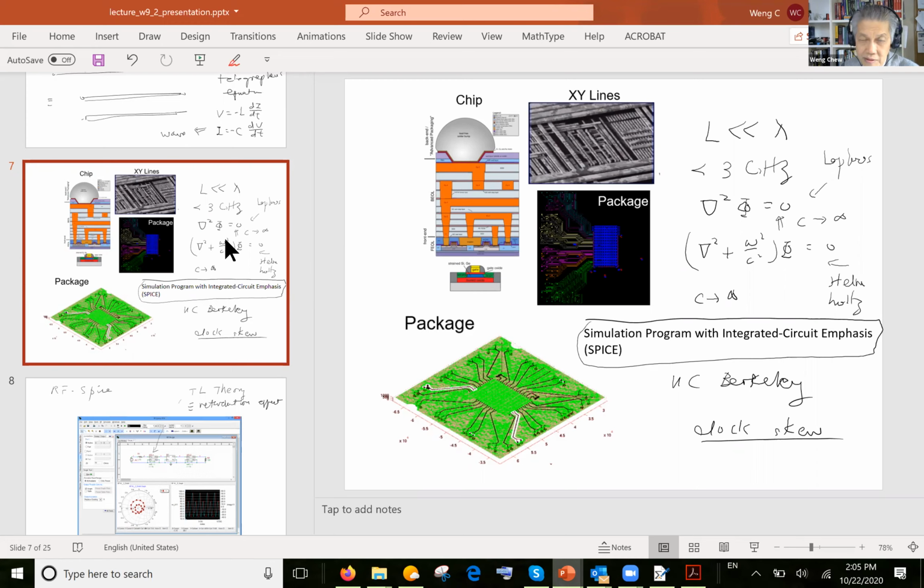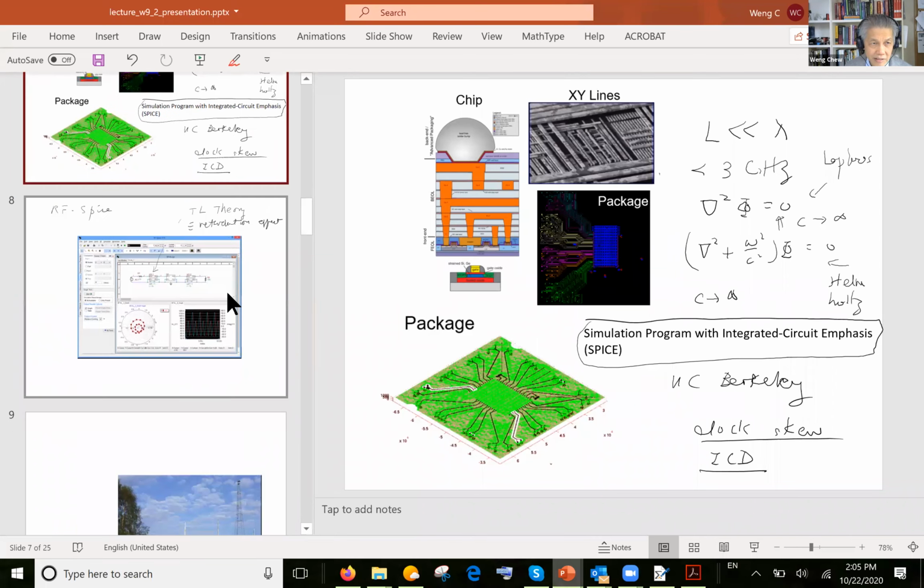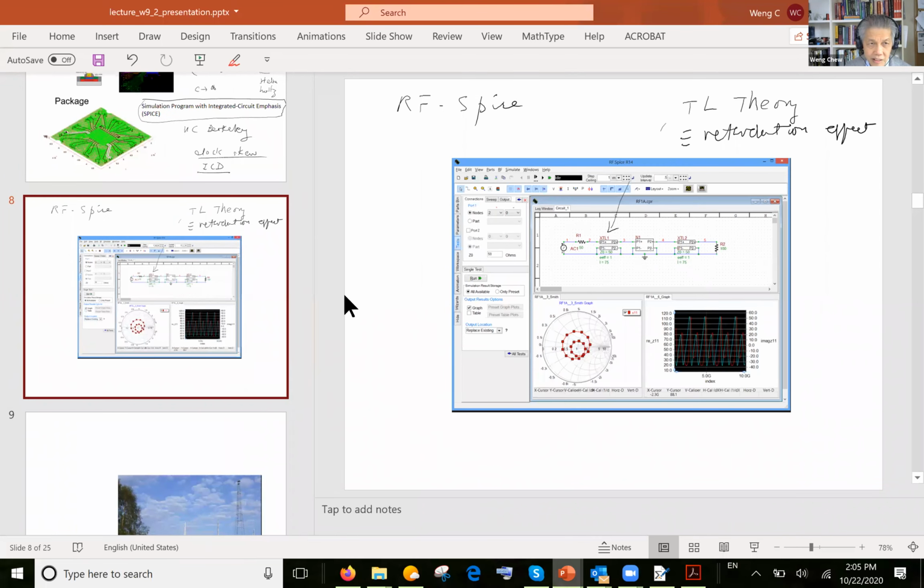This gives rise to what is known as clock skew in the IC design area. In order to model the retardation effect, you put in transmission line theory to account for the clock skew.